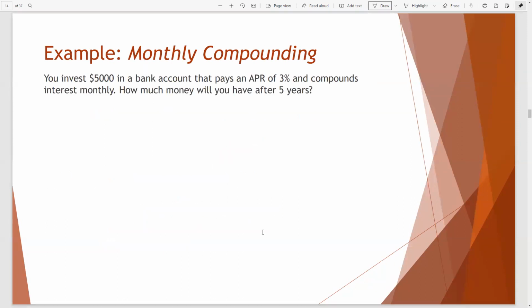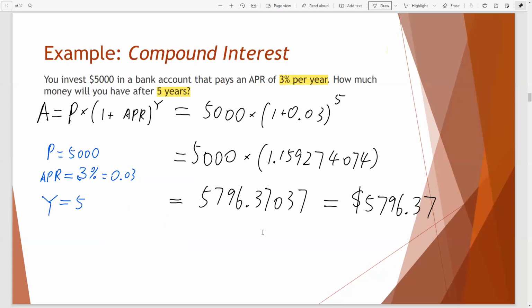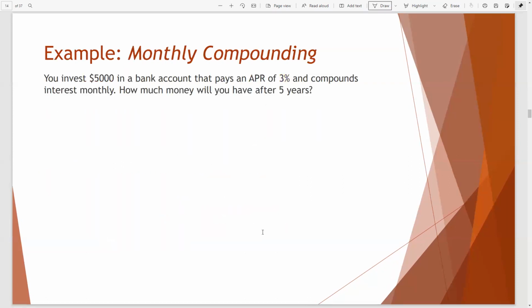So when we have monthly compounding, it's a similar thing to what we saw before. Before, the example was annual compound interest at 3% for 5 years. Here, 5,000 is invested, the APR is 3%, it compounds monthly, and what is the balance?